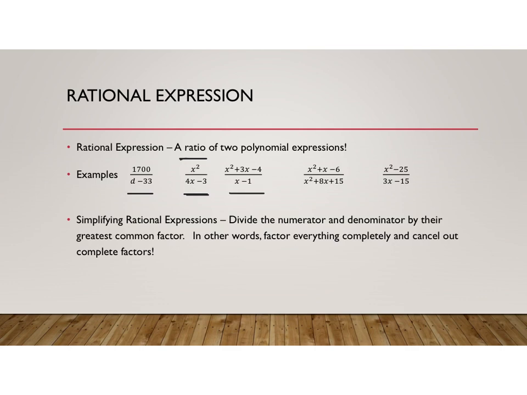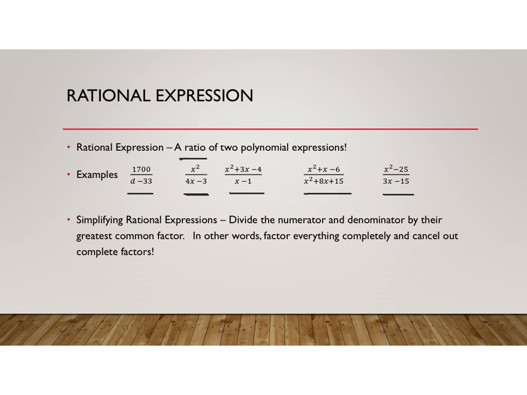This third example here, we've got a quadratic over a linear factor on the bottom. This next example, we are dividing two quadratic expressions, both of second degree. And this last one is again a quadratic divided by a linear.